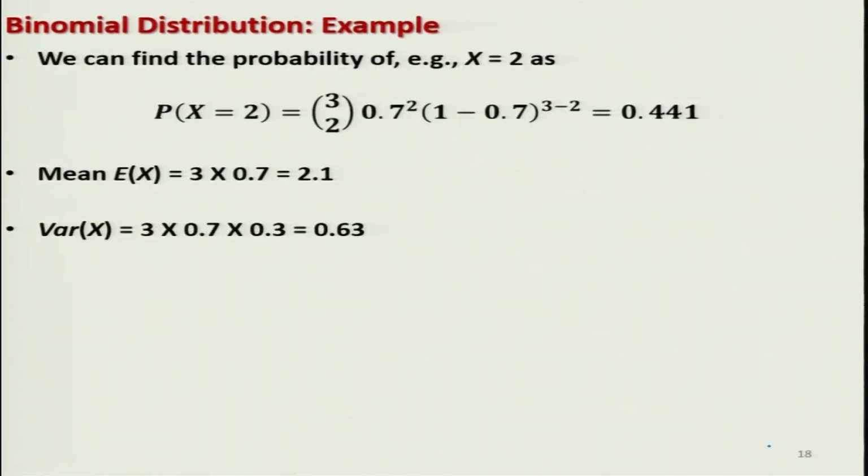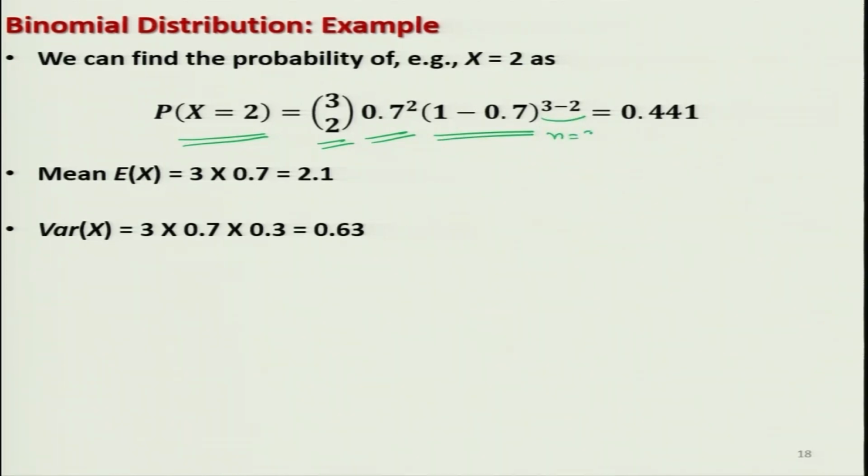So now in this case, if you want to compute the probability, for example X equal to 2, that can be simply obtained by 3 choose 2 into the probability of getting a tail which is 0.7, into 1 minus 0.7 to the power n minus x.